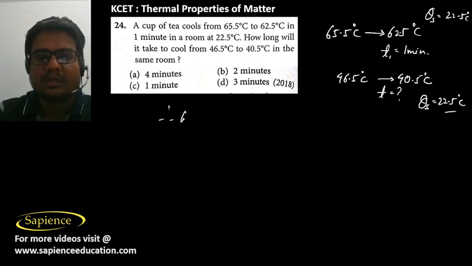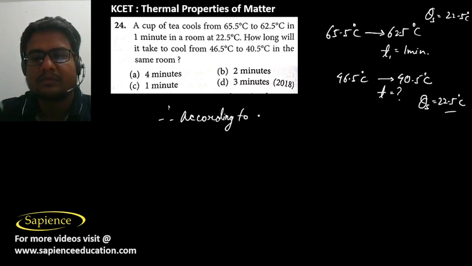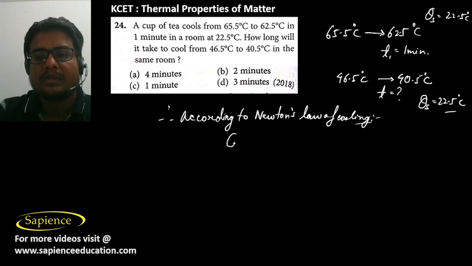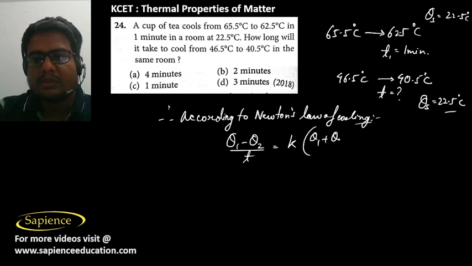Now therefore, according to Newton's law of cooling, we can say that theta 1 minus theta 2 divided by t is equal to k into (theta 1 plus theta 2) by 2 minus theta s.